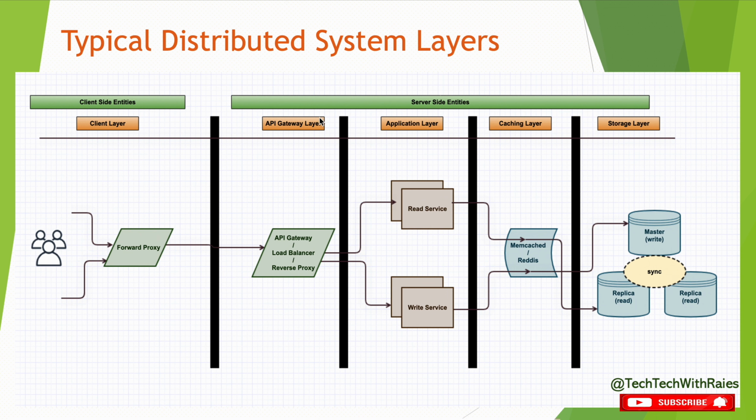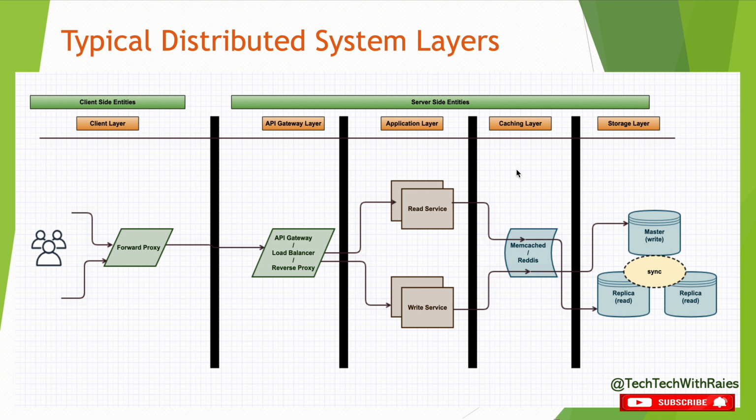So these 4 layers of the server side entities are very important. At a very high level, if you see them by segregating them in terms of layers or tiers, you can see how much the complexity is reduced.